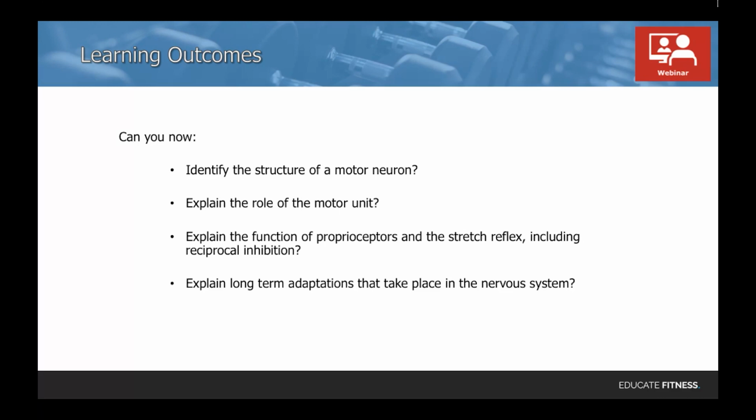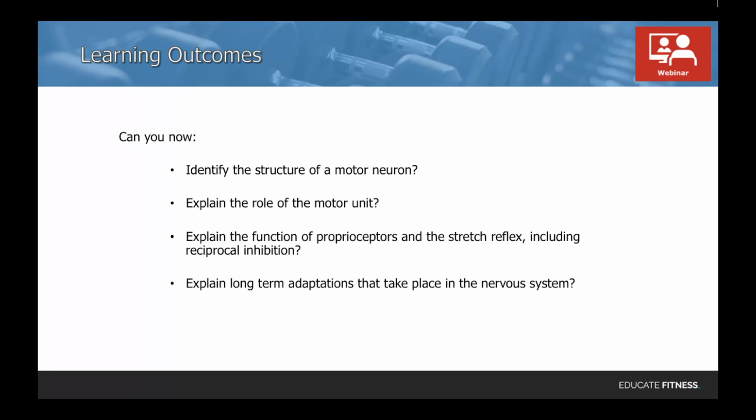Your Golgi tendon organs are found in your tendons. They detect an increase in muscle tension to prevent injury. Reciprocal inhibition is when the agonist is contracted, the antagonist is relaxed. Muscles work in pairs. When one is on, the other is off.